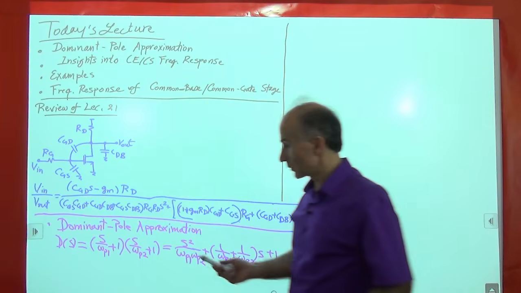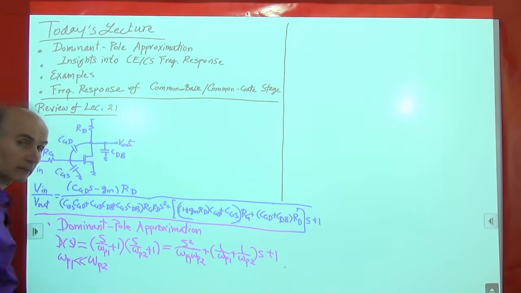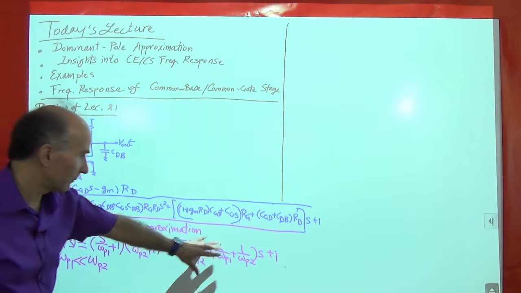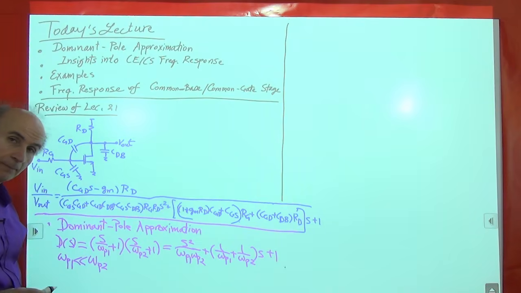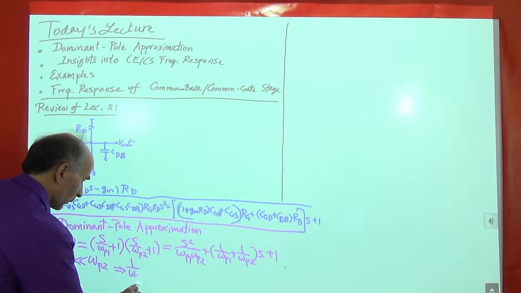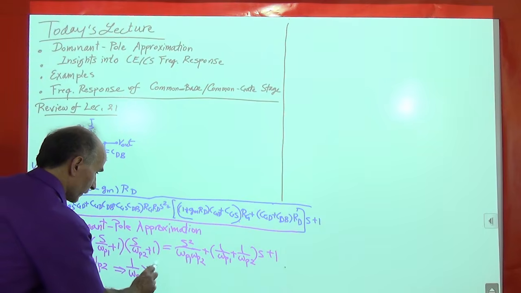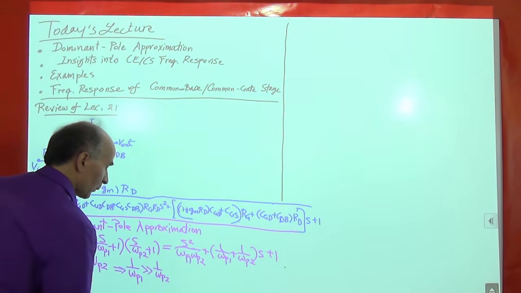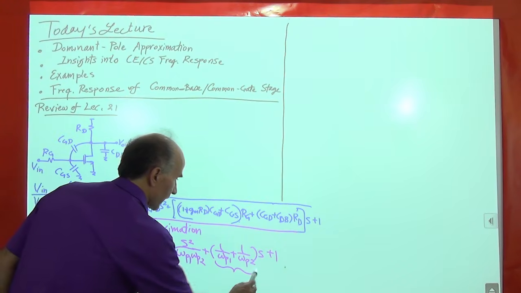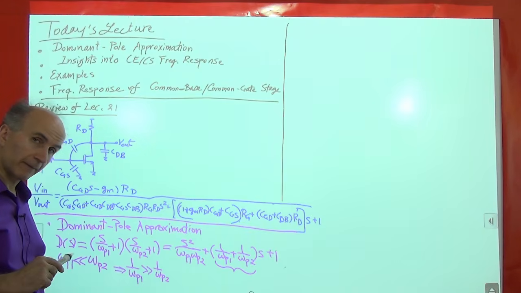Okay, so then let's write that assumption. We say that omega p1 is much less than omega p2. And I would like to see what simplification we can get from here. Because omega p1 is much less than omega p2, we see that 1 over omega p1 becomes much greater than 1 over omega p2, which means this coefficient of s becomes approximately equal to 1 over omega p1.